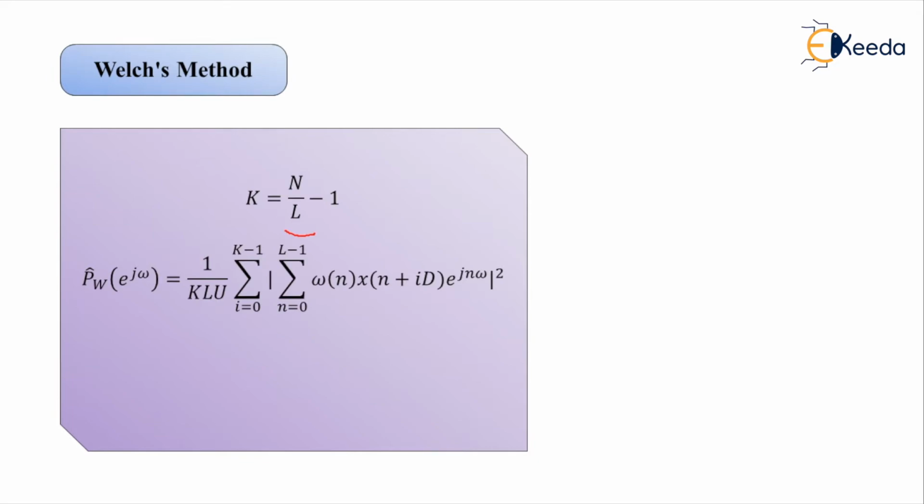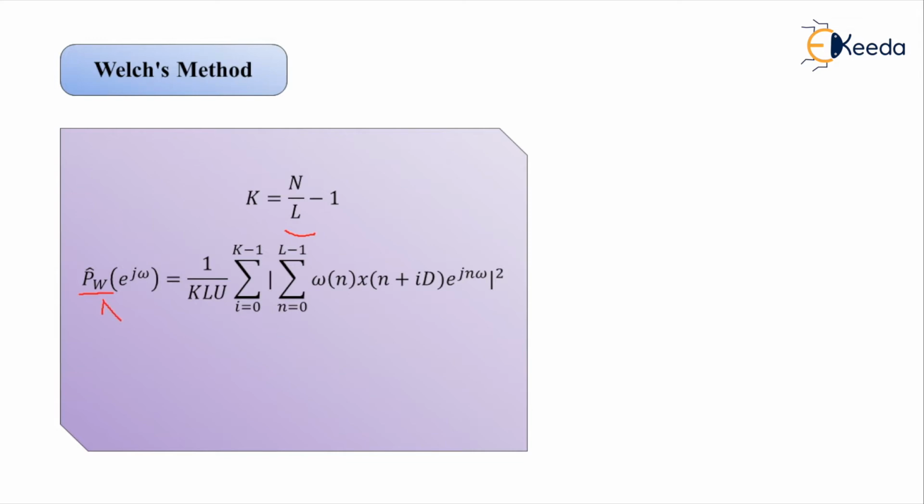Next, we have Welch's method for power spectrum estimation. The representation of the corresponding estimated power spectral density can be by capital P cap with suffix W. Here the representations vary with the variation in the suffix.